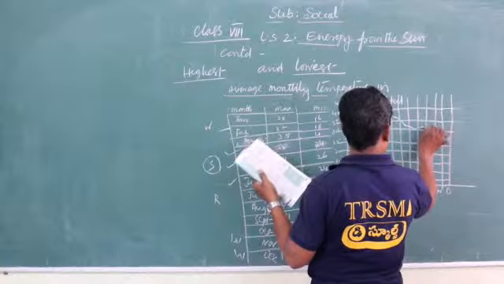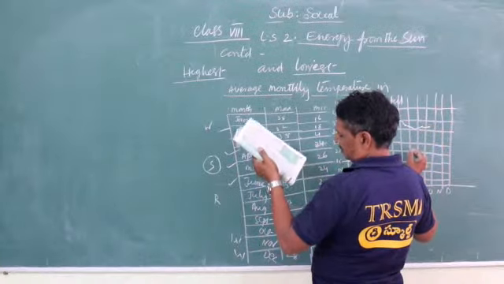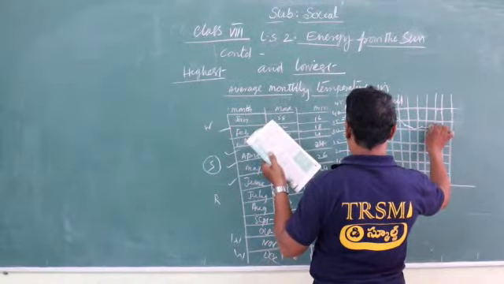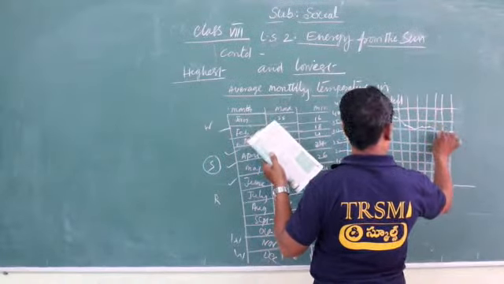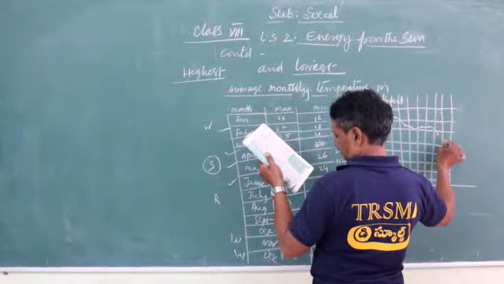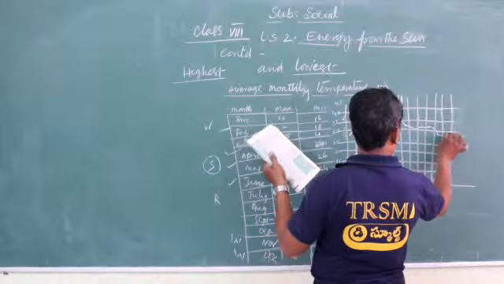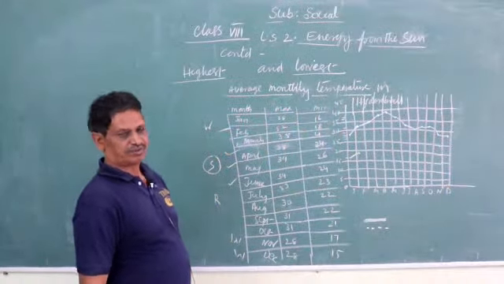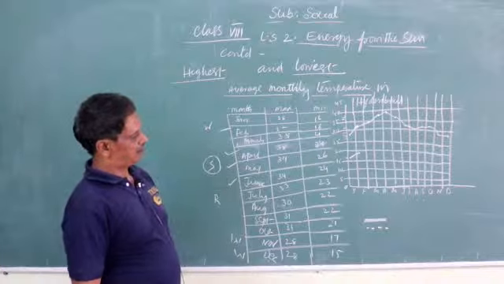Then 30, 28. And then 28. Likewise, we have to connect and draw the maximum line.